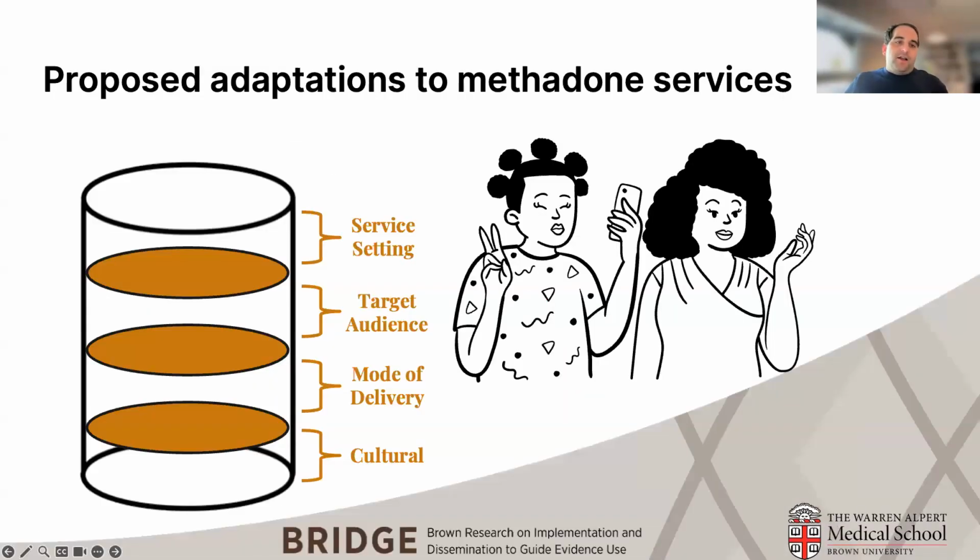And so we conducted some in-depth interviews predating our discrete choice experiment with both sex workers in these two districts, as well as different implementers of HIV services, as well as folks who implement existing methadone services. And the goal of this work was really to understand what kinds of adaptations would be needed to the methadone service delivery architecture currently in South Africa to appeal to or better engage sex workers.